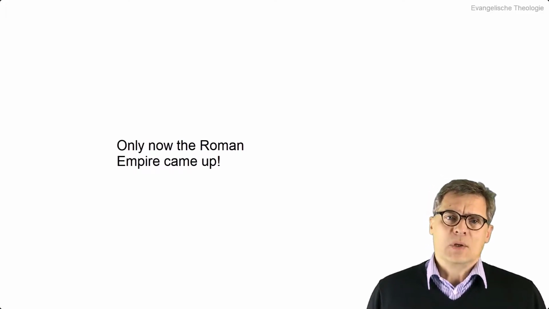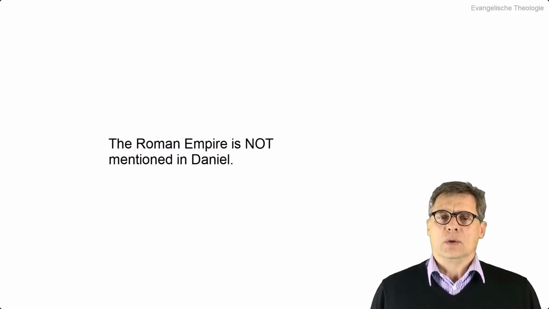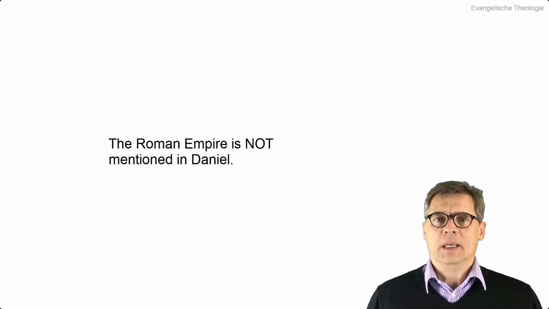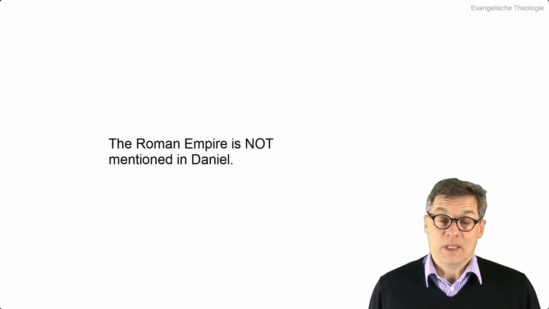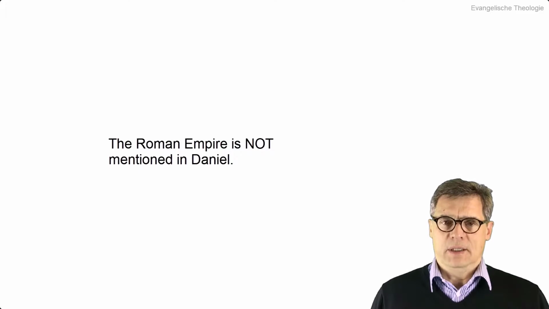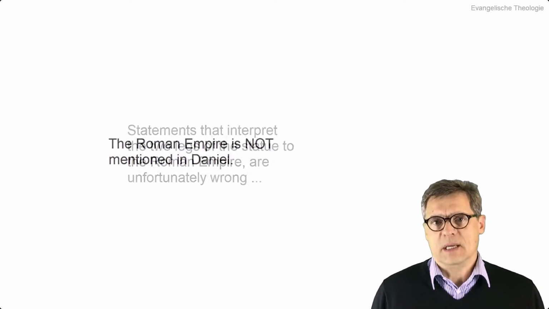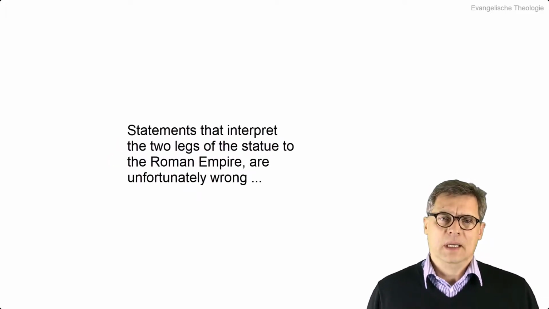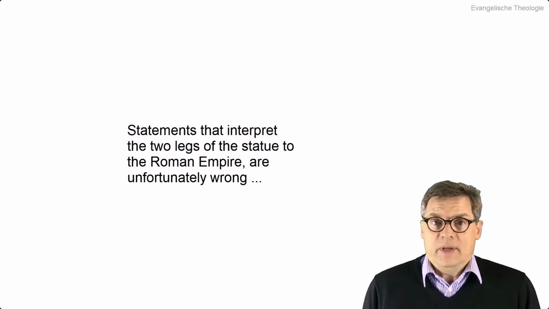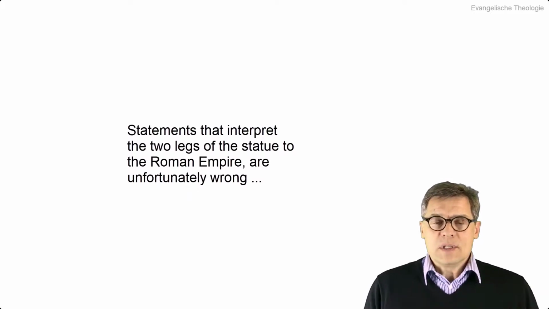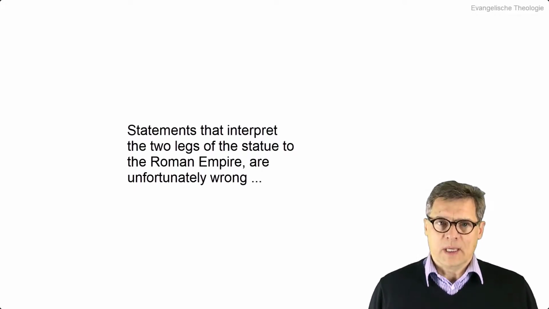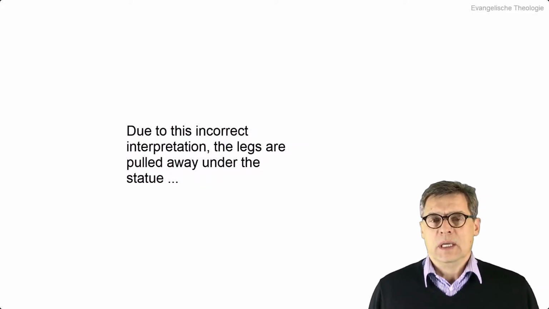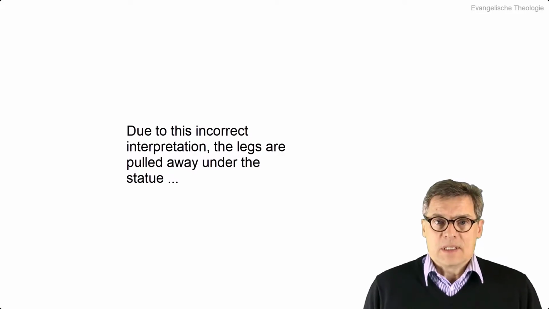Interesting is, as already said, that the prophet Daniel nowhere mentions the Roman Empire. All interpretations that say that the two legs of iron would represent the Roman Empire, unfortunately, as hard as that sounds, are incorrect. Or you could also say they are unfortunately wrong. Because, as we have already said, they pull the legs away from the statue under the body, and the statue will fall over.